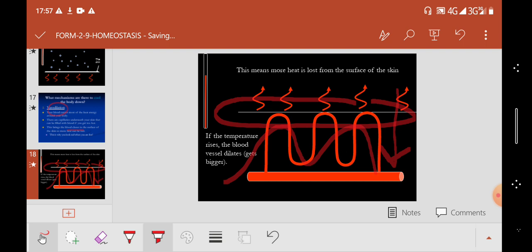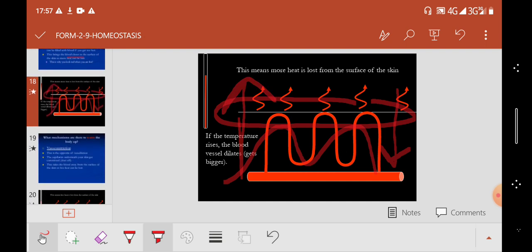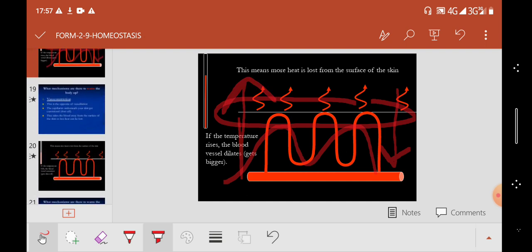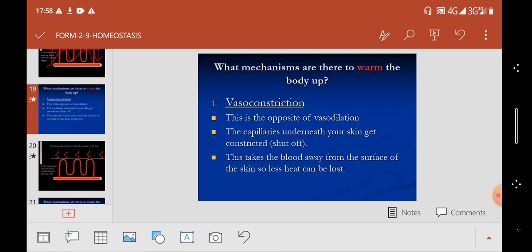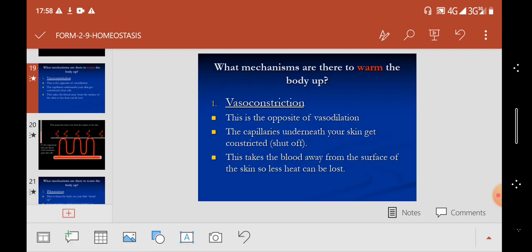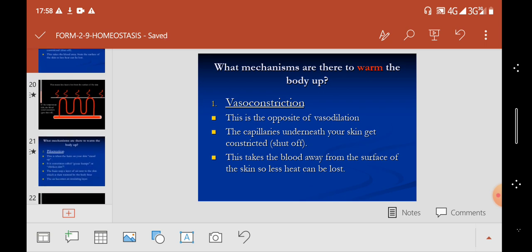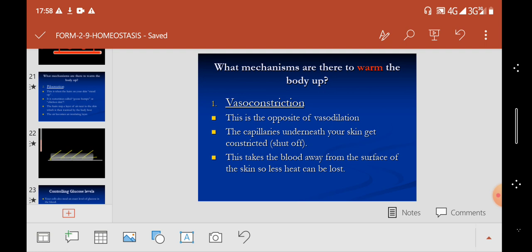That is vasoconstriction. When it is very hot, the blood vessels go to the surface of the skin and heat is lost to the environment. So vasoconstriction, we have said, is the opposite of vasodilation, and it means the blood is being taken away from the skin so that heat will not be lost.